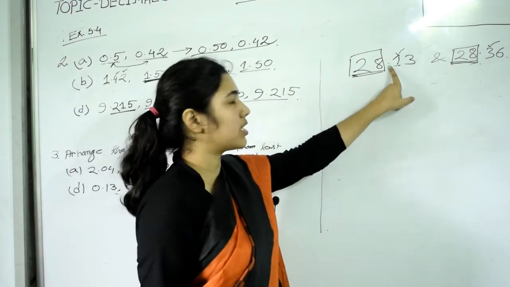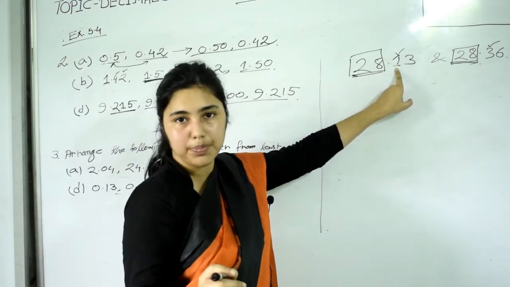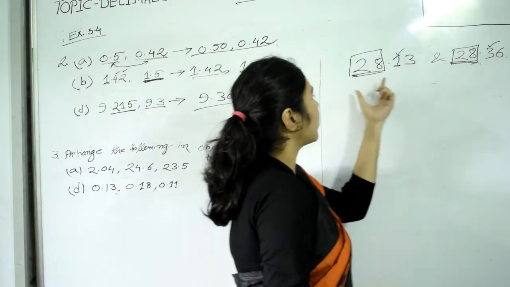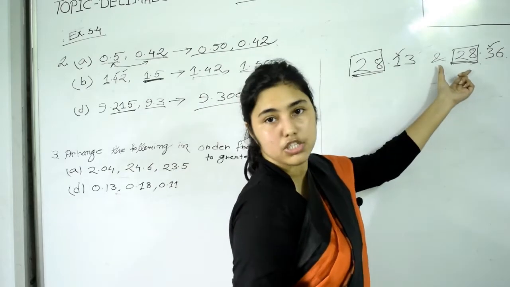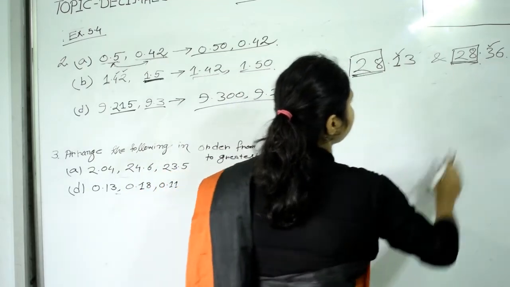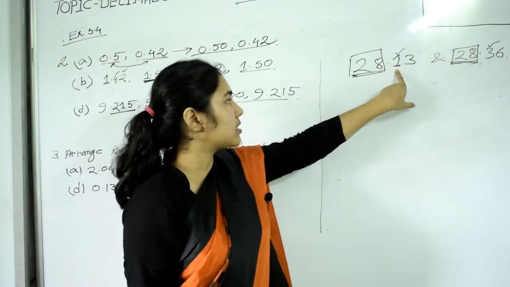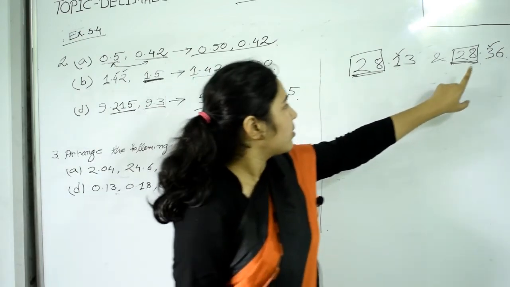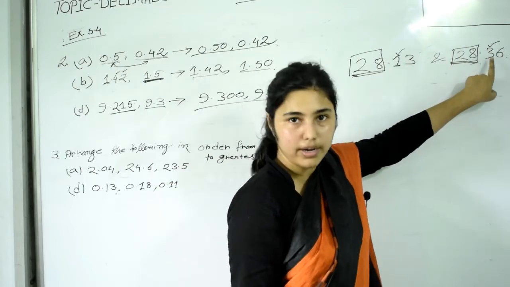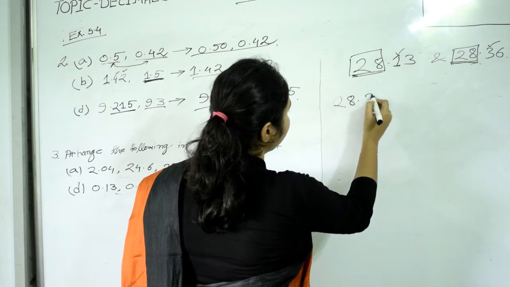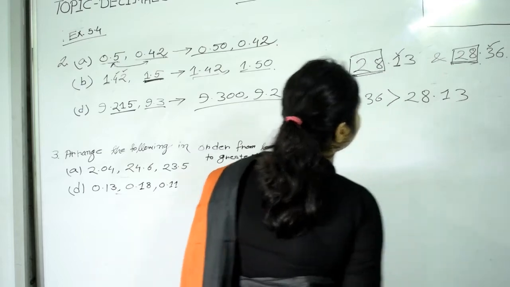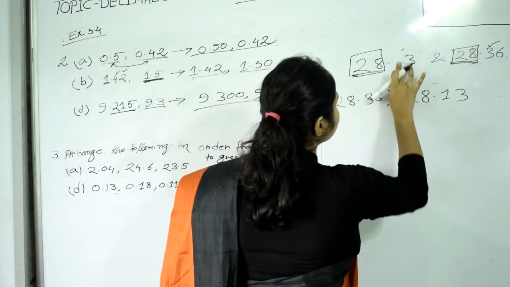After the decimal point, the first place is the 10th place. So first compare if the whole number part is equal, then compare the 10th place. Here in the 10th place, in this number we have 1, but here in this number 10th place we have 3, and 3 is more than 1, which means 28.36 is more than 28.13.